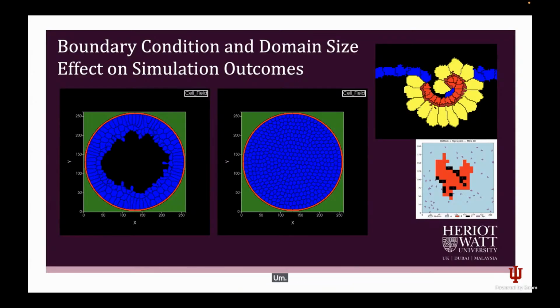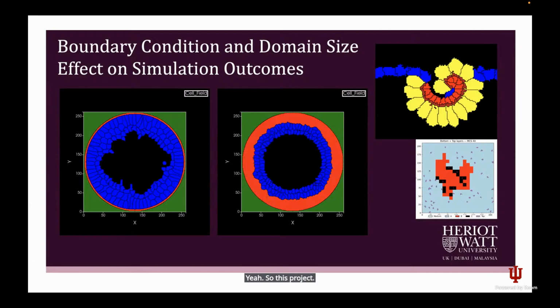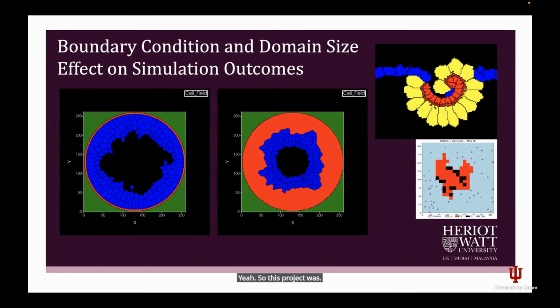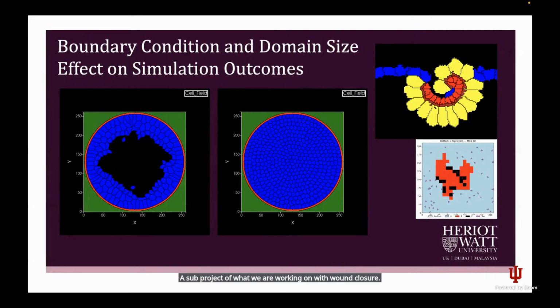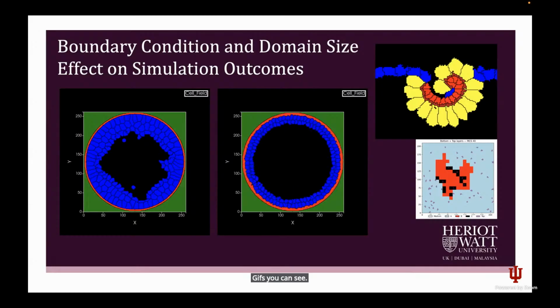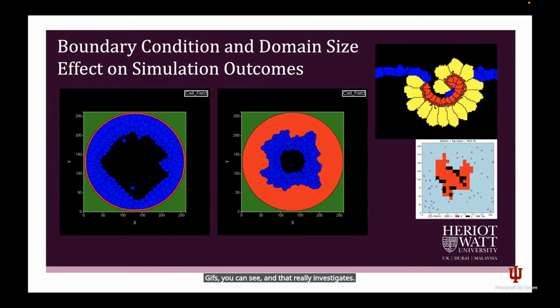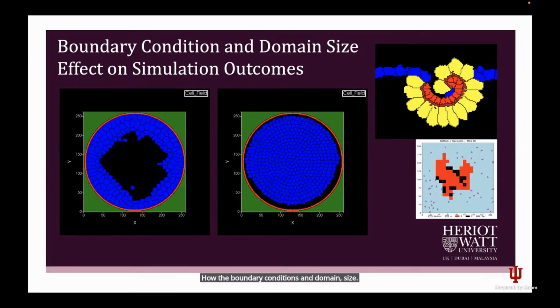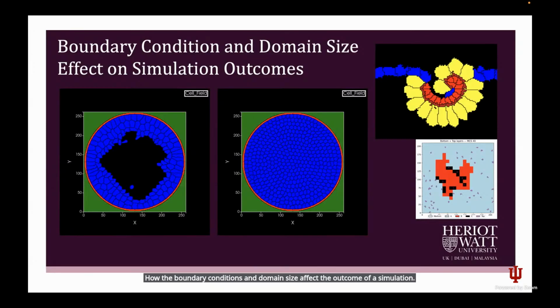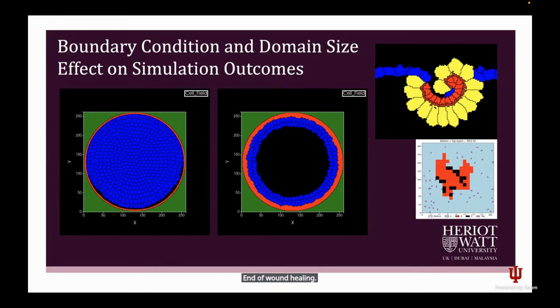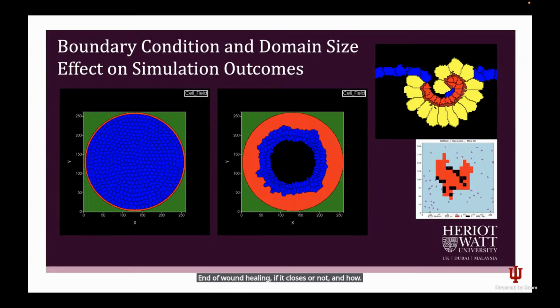This project was a sub-project of what we are working on with wound closure, which is the two GIFs you can see, and that really investigates how the boundary conditions and domain size affect the outcome of a simulation of this type. So in the wound healing, if it closes or not, and how fast it closes.